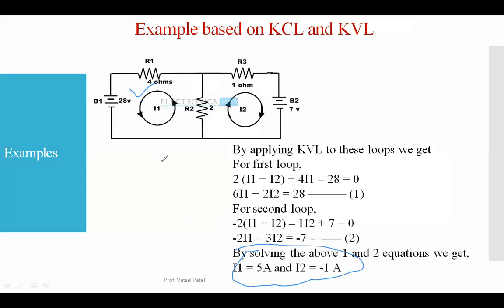Whatever values you select, according to that you can obtain the values. You can select any loop direction, as I told you earlier, that is not an issue. But according to that, you should identify the values.